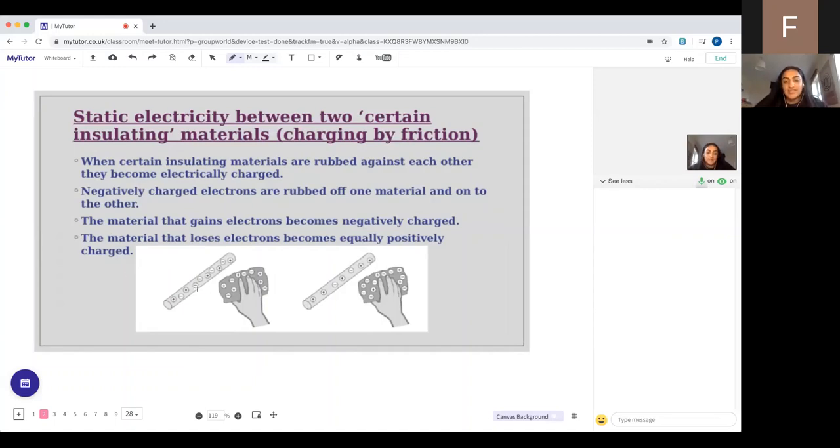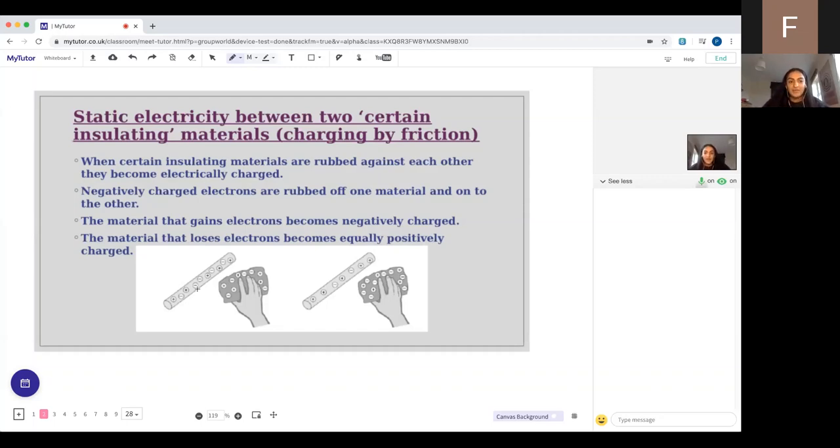So note that it's insulating materials and only specific materials. Okay, and the examples that come up time and time again we'll see as we do the exemplar questions, but it tends to be acetate, polythene, and certain materials that allow the static electricity to happen.